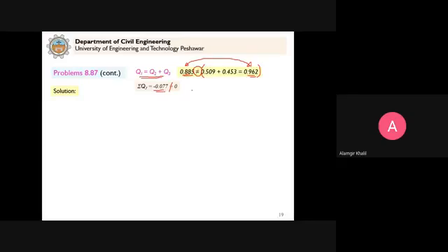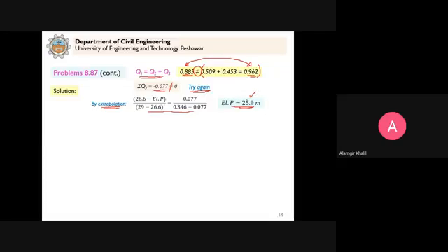Again, not equal to 0. Although the difference is small, if we want to increase the accuracy, we go for another try. Clear? So we can try again. Again, instead of interpolation, we can use extrapolation. And with the same process as I already explained, we get the value of EP as 25.9 meter now.